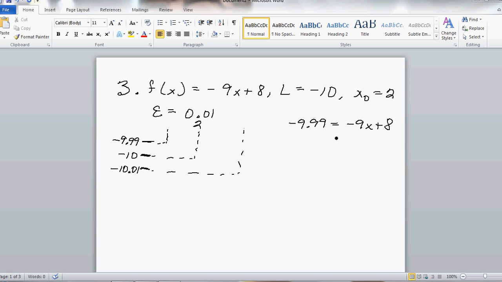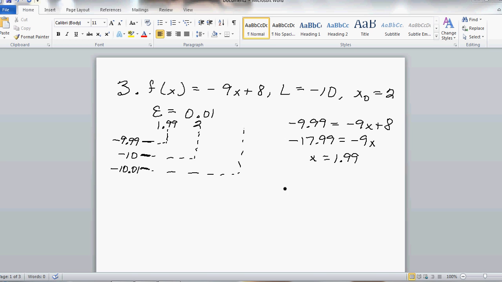So I'm going to subtract 8, negative 17.99 equals negative 9x, and then divide both sides by negative 9, so that x would equal, after some rounding, 1.99. So we've just worked in reverse to get the x value. This is inverse functions, basically, indirectly. But anyway, you see where I'm going with it.